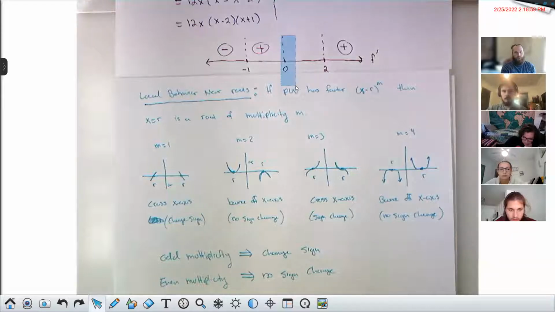The root at 0 came from this factor, which is also a multiplicity 1 factor. So either we're going to go from negative to positive or from positive to negative. I know that I'm positive to the left of 0, and I know that 0 is an odd multiplicity root. So that means I must go from positive to negative.